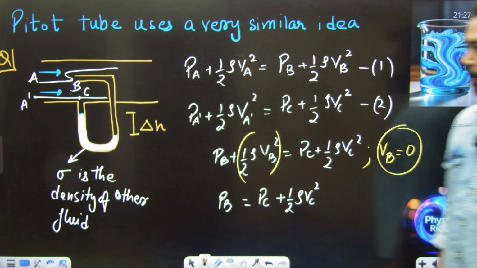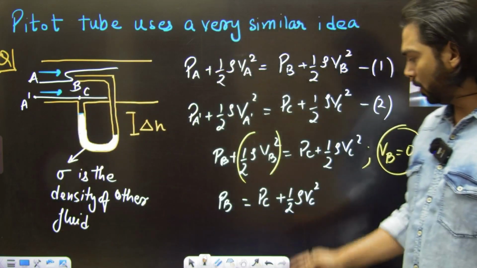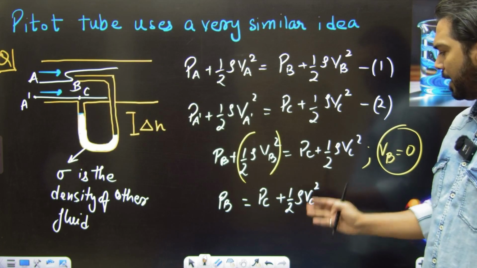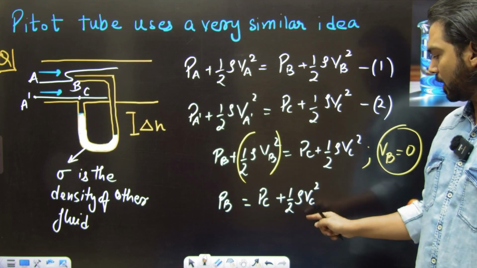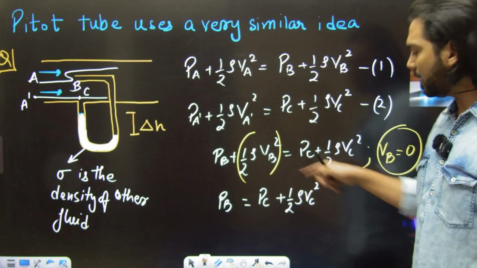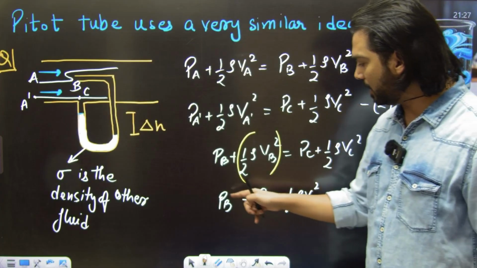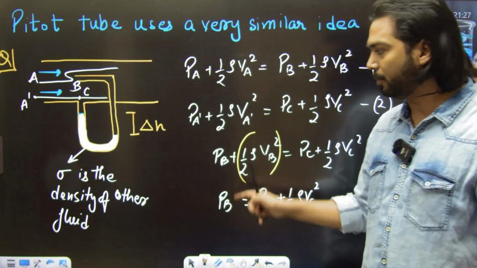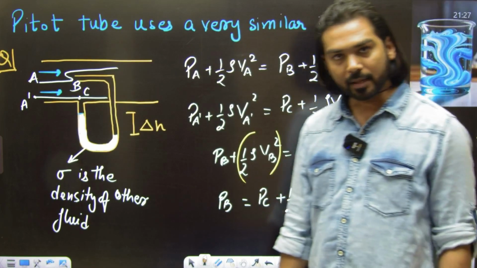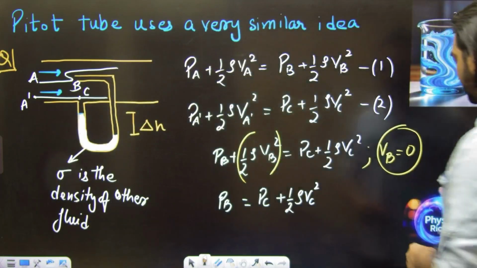So pressure at B is greater than pressure at C, which we can notice from this equation. Well, it kind of makes sense because half rho VC square cannot be negative. So pressure at C plus something is pressure at B. So this pressure at C must be lesser than the pressure at B. Make sense? Up until now, all things are nice and easy.